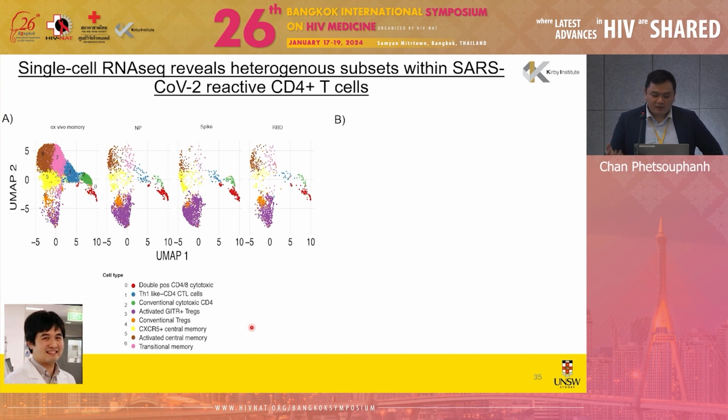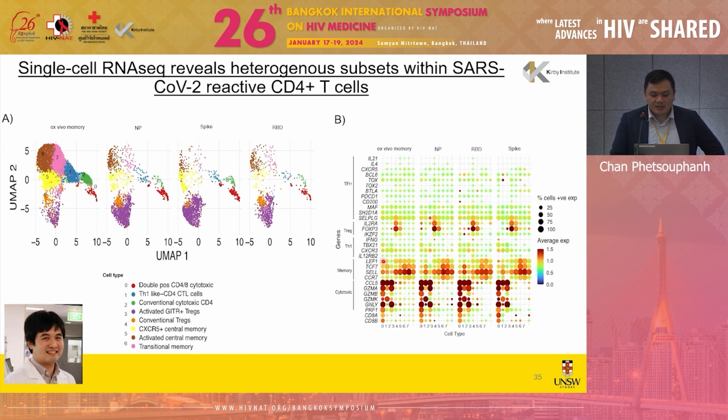And so CD25 OX40 in combination identifies antigen-specific Tregs. And we also had 3 populations of memory CD4 T cells: CXCR5 central memory, which are most likely T follicular helper cells, activated central memory, and transitional memory. And we annotated these subsets using known genes that are highly expressed in these subsets.